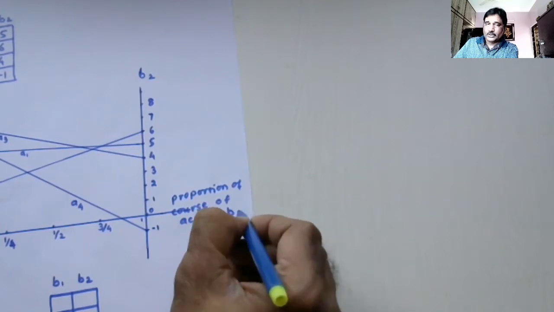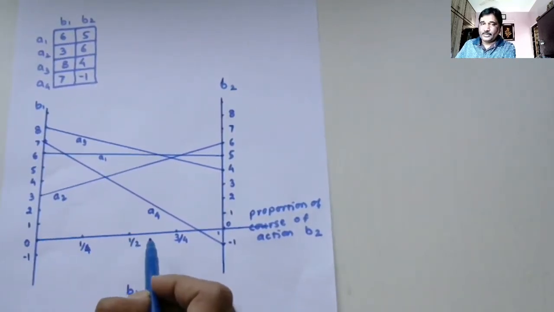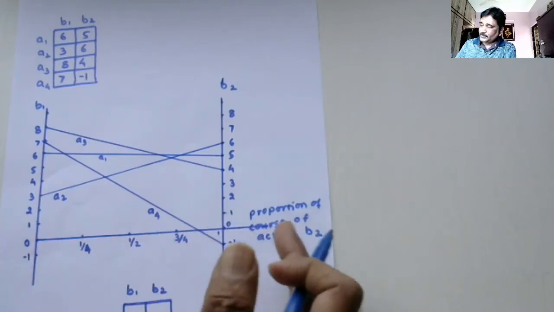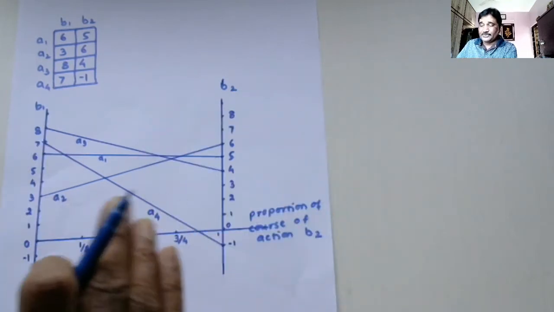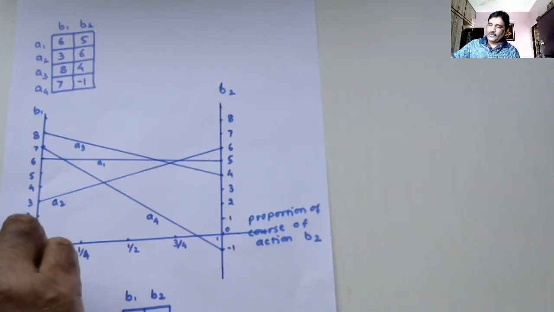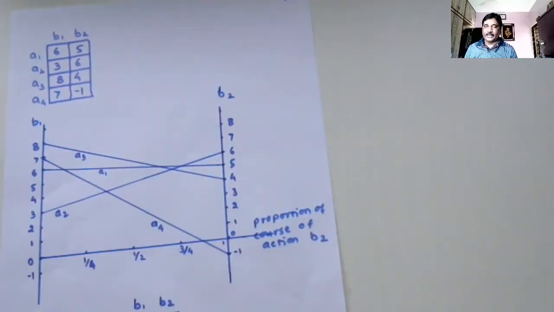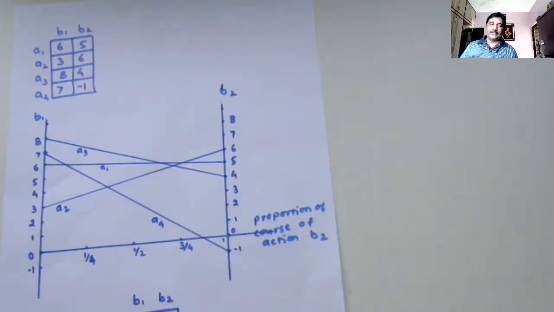The proportion of course of action B2 is varying from 0 to 1 by 4 to 1 by 2 to 3 by 4 to 1. As the proportion of course of action B2 is increasing, the proportion of course of action B1 is decreasing. So here purely B1 is getting played, and here purely B2 is getting played, because the proportion of course of action B2 is 1 here.